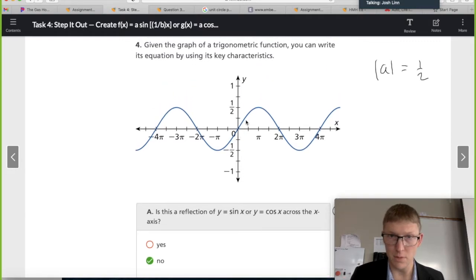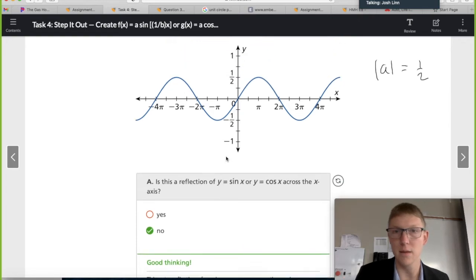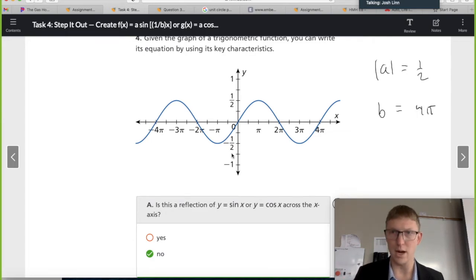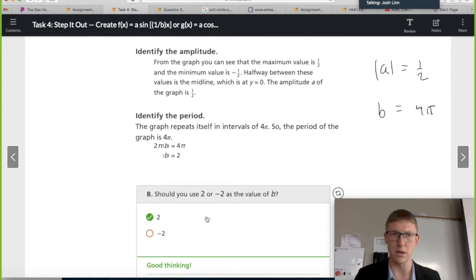So it starts going up here. When is the next time it goes up? It's 4 pi. What letter? B is what they're using. So our B is equal to 4 pi. I might have written that wrong here.